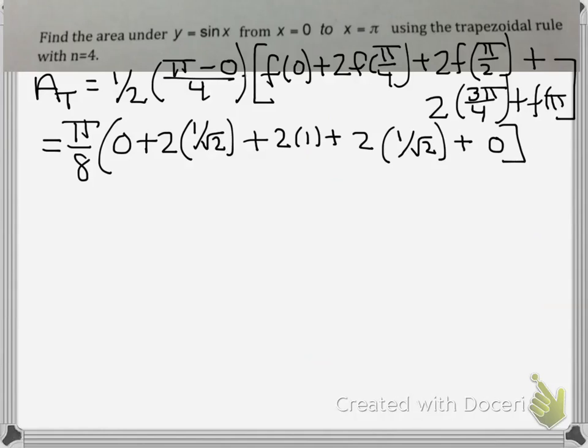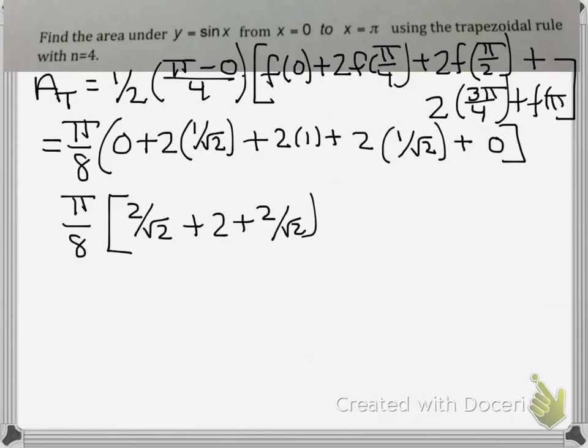And sine of pi is 0. So this becomes pi over 8 times 2 over root 2 plus 2 over root 2, or you could say pi over 8 times 4 over root 2 plus 2.